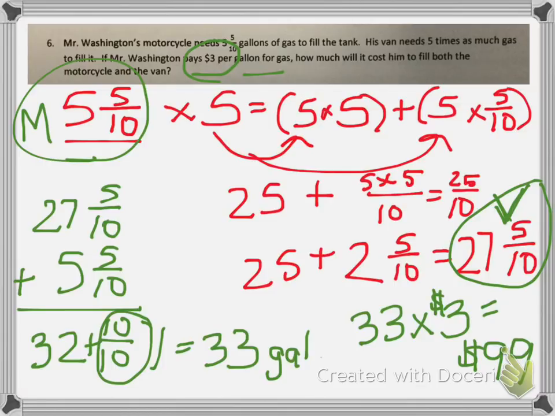So I'm going to do my statement in blue. Okay, it will cost him, I'm going to do it on the top. It will cost him $99, don't forget your dollar sign, $99 to fill both, you could say vehicles, or you could say the van and the car, or whatever you want, but it will cost him $99 to fill both vehicles.